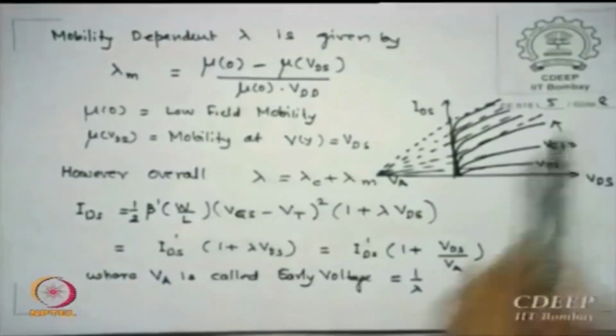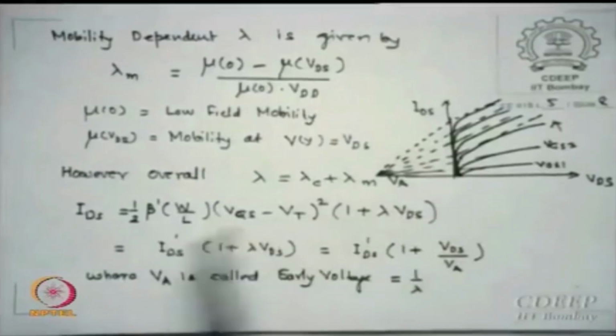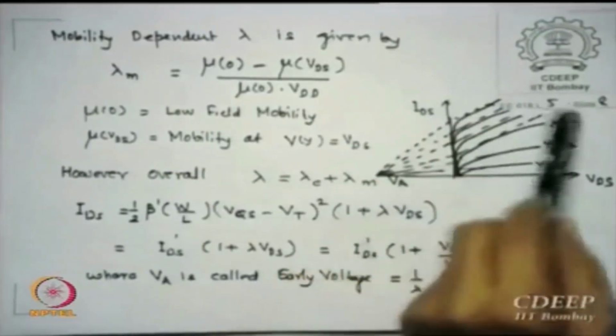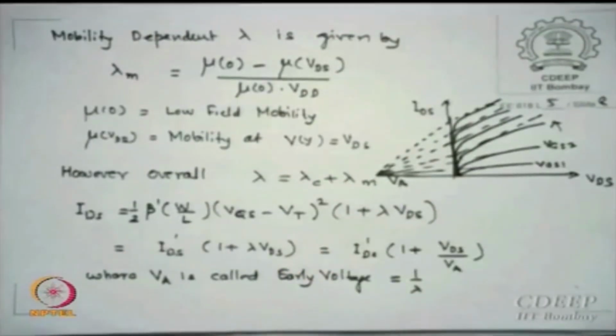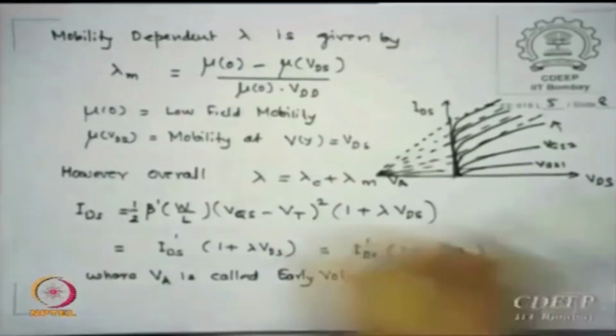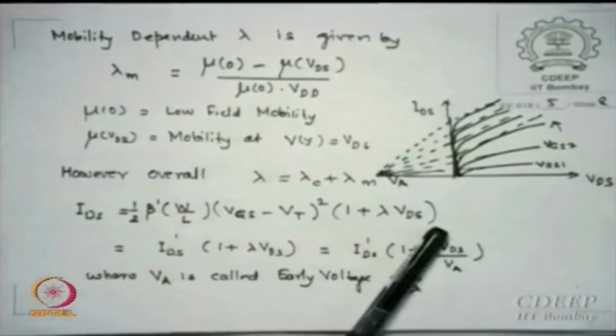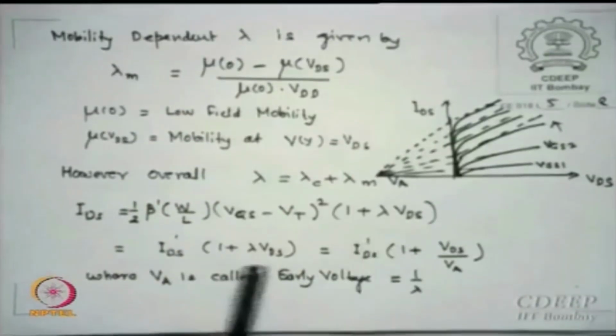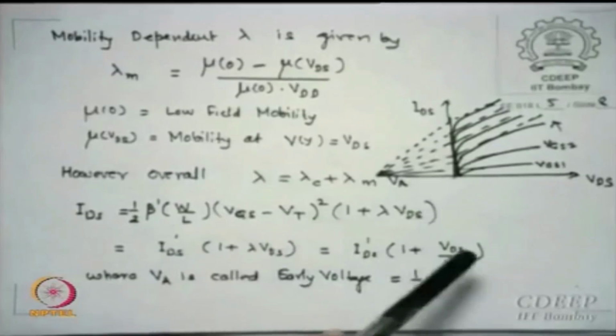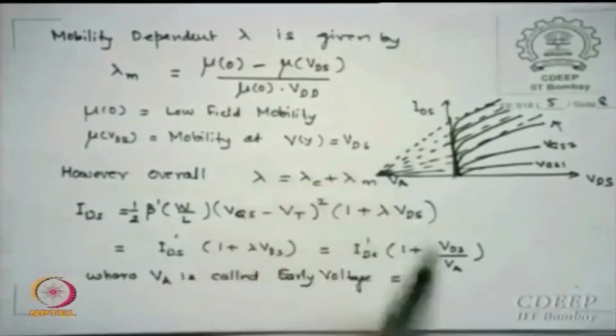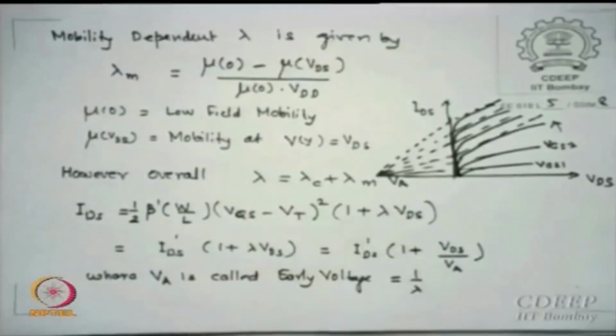So if you see this equation, all of them somehow meet at a fixed value of VA. Is that correct? The slope is 1 plus lambda VDS. If I take this as VA, this is equivalent to saying lambda must be 1 upon VA, assuming lambda is constant.